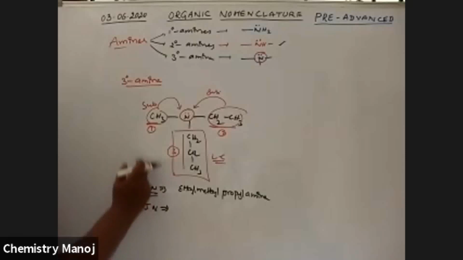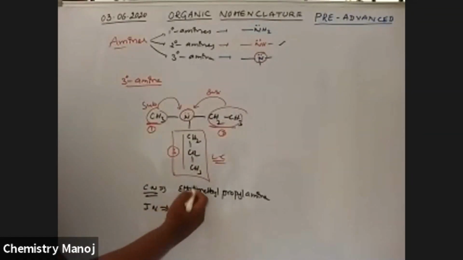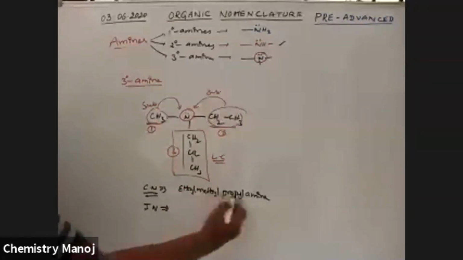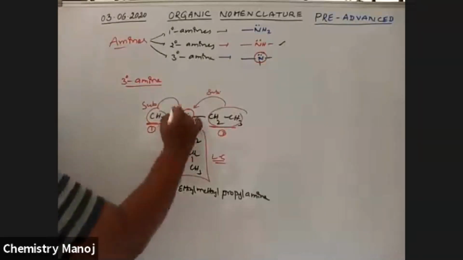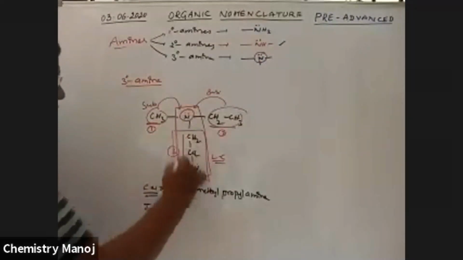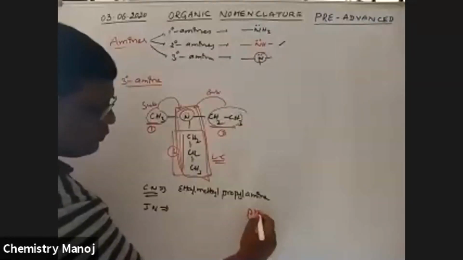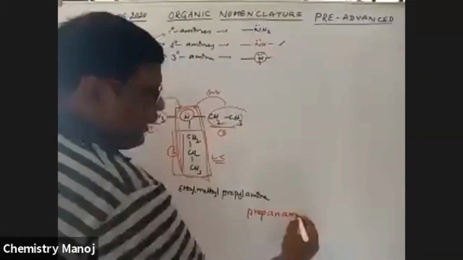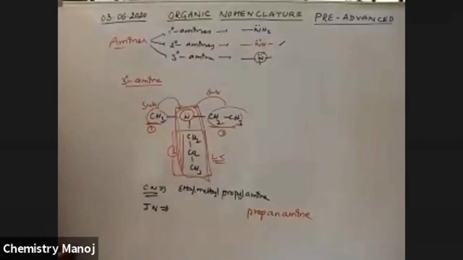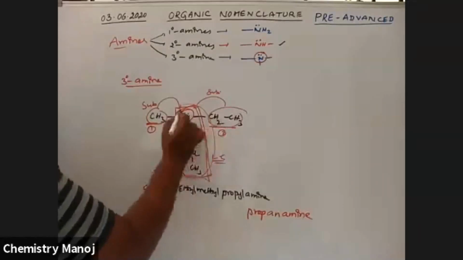So in the common name, it is methyl, ethyl, propyl, but as per the IUPAC system there is an alphabet rule: ethyl, methyl, propyl amine is the common name. Now the IUPAC name. It is the longest chain, so I am taking this one: propanamine. The nitrogen is linked with methyl and with ethyl.